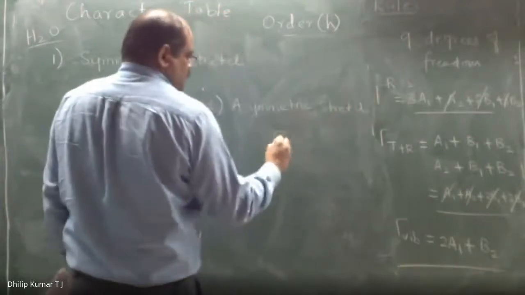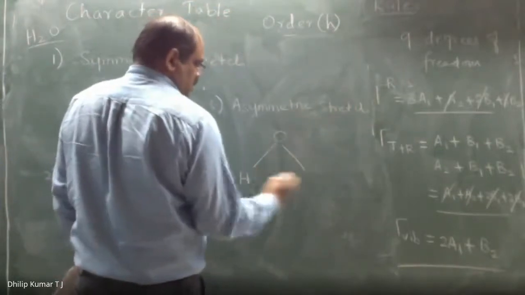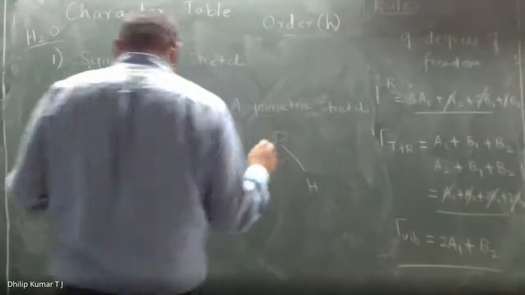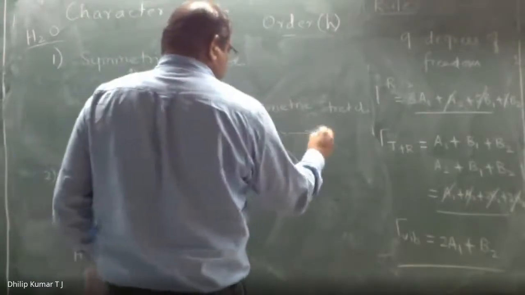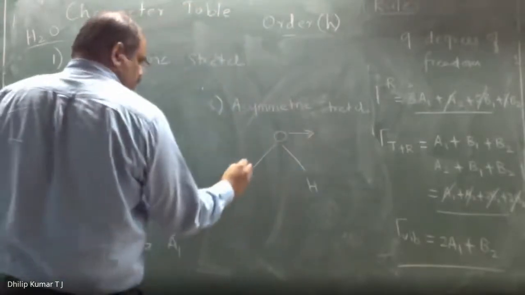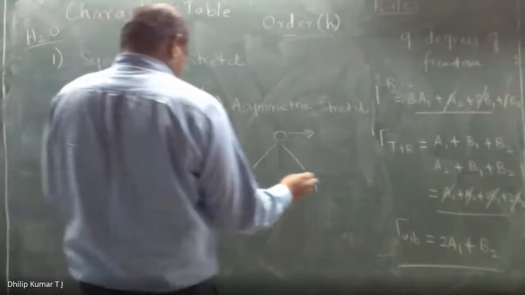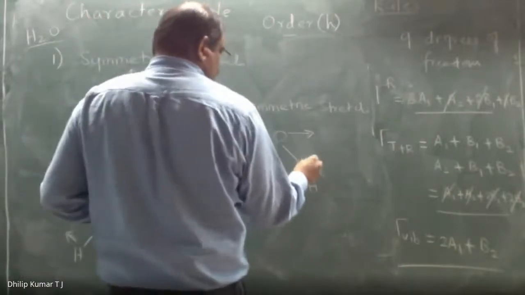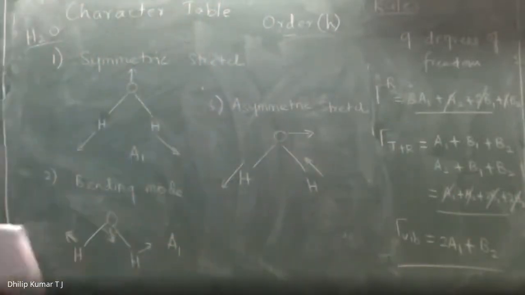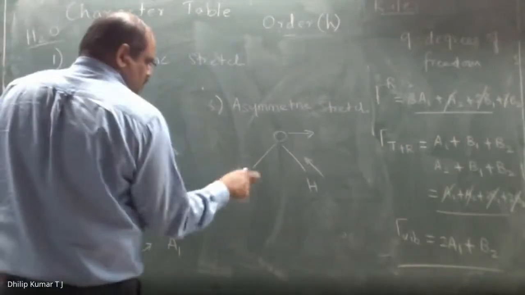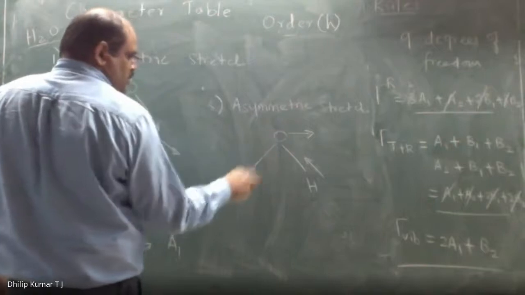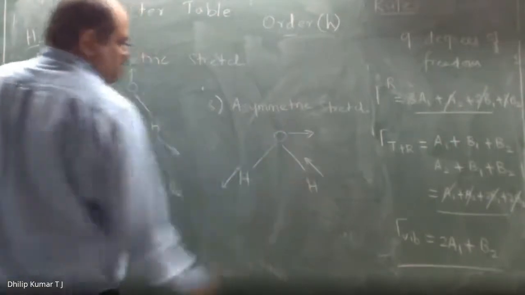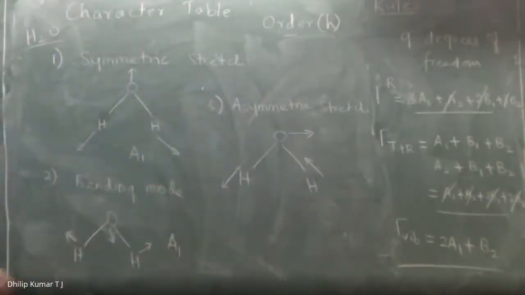So you take the water molecule, H. This will go this side, this will stretch this side, and then this hydrogen will go towards oxygen. You know the graphics, I guess. The OH bond stretches, and this OH bond reduces its distance.